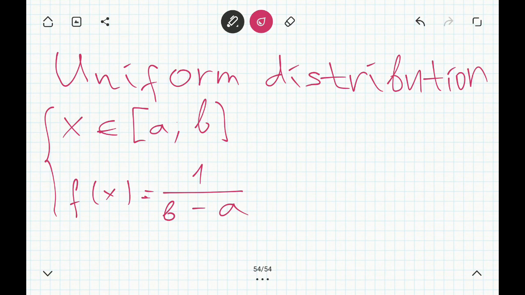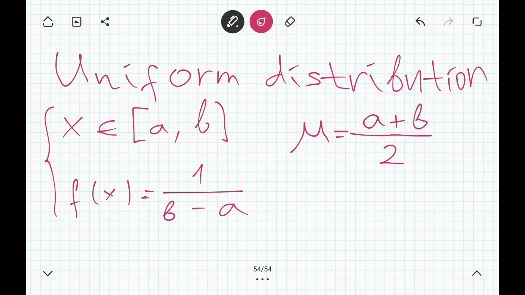So in fact you get the same result as if you only added the boundaries and halved them, and that's the case for uniform distribution too. So mean value of a uniform distribution is just a plus b over 2. So it's just the center of the interval.